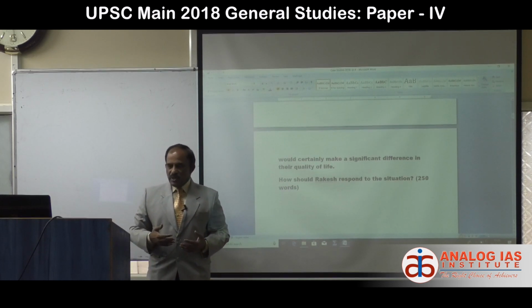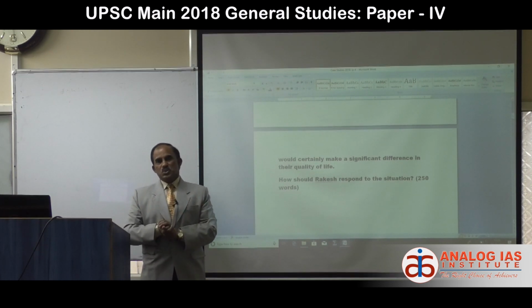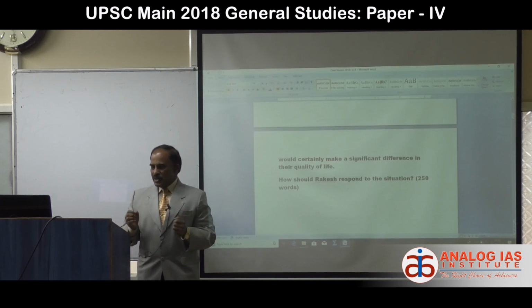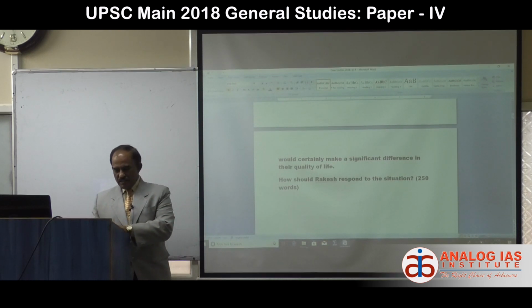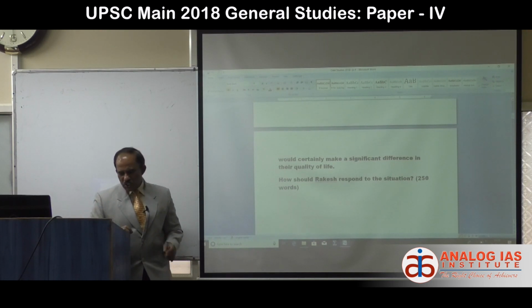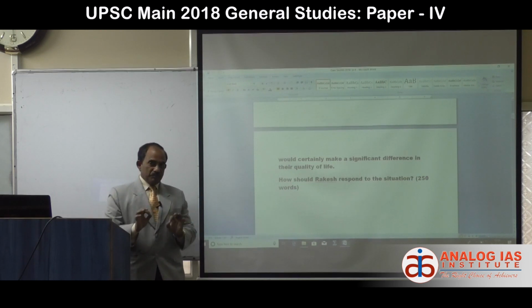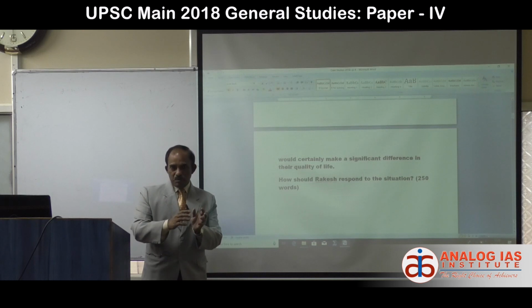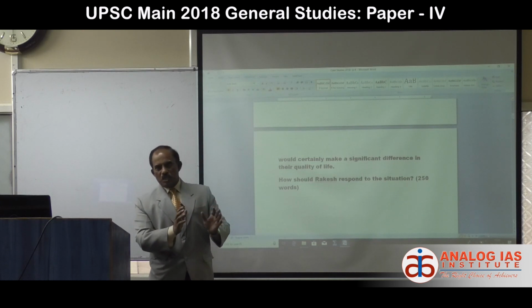So Rakesh can take any of the above choices, and the ethical lesson we must understand from such a case study is very important. The ethical lesson we can learn from this is that a bureaucrat should go beyond the call of duty. A bureaucrat should have the responsibility to go beyond what is prescribed to him.